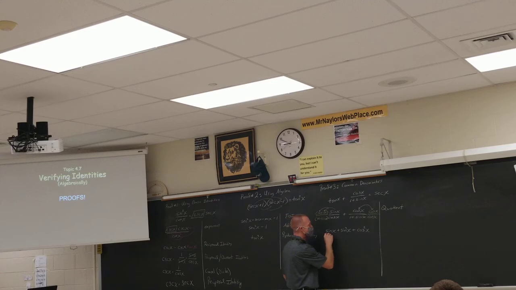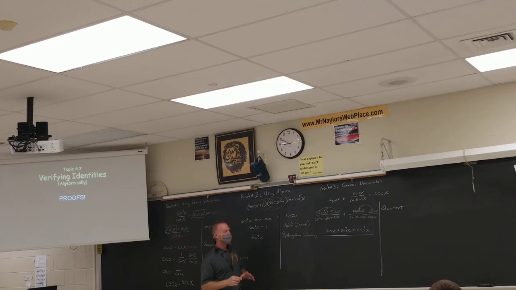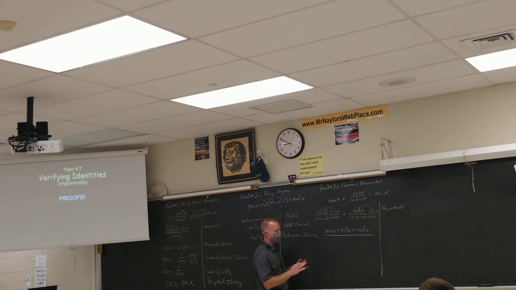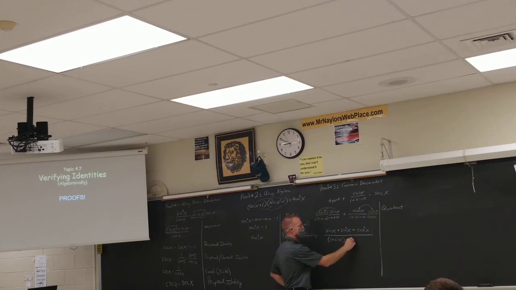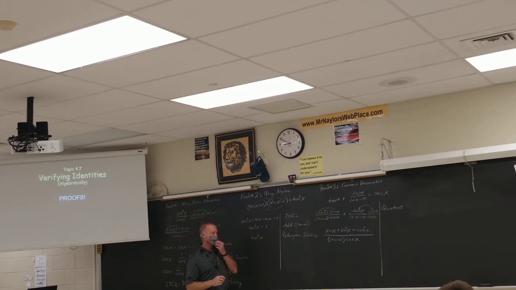Now, I've also taken the liberty of adding everything together. I don't want you to get confused here. There were 2 fractions, and I've already added the numerators because I don't feel like writing down the denominator twice. I figured you probably don't either. So we add the fractions and have a common denominator.